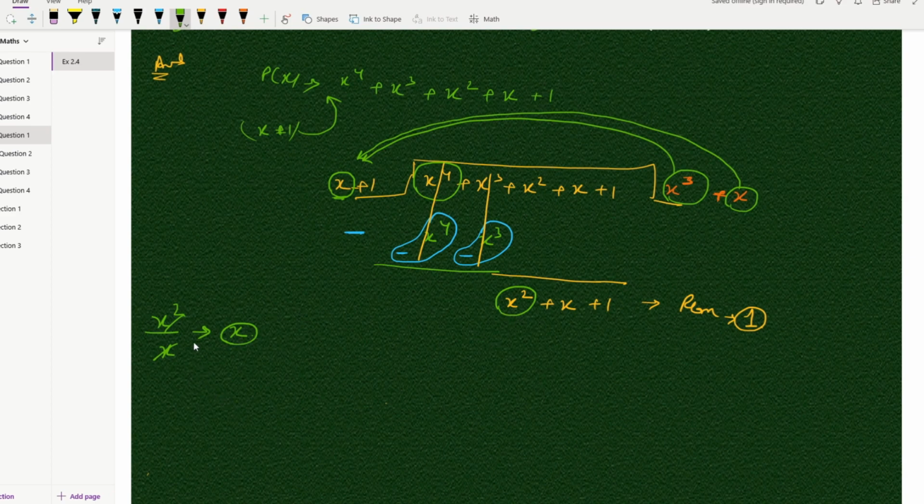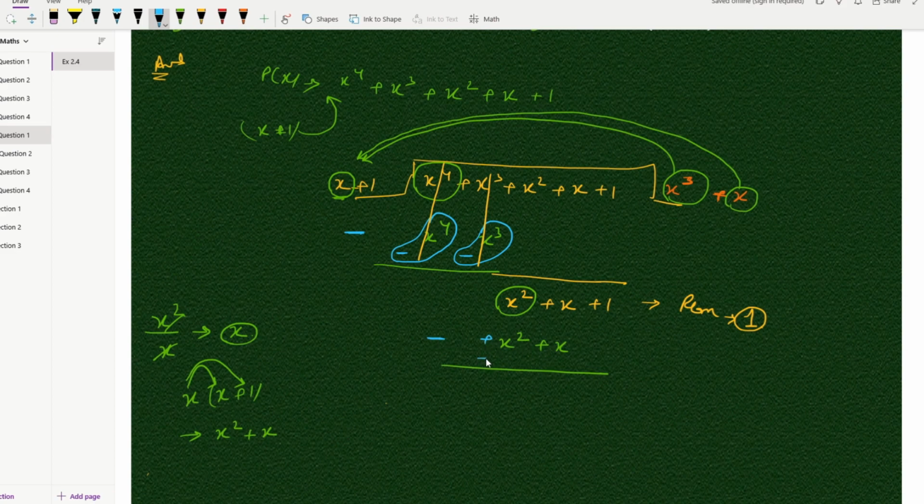So now this will be x into x plus 1. So this is x square plus x, right? Now these things will come here, x square plus x, and next step will be the subtractive step. So subtract करना.